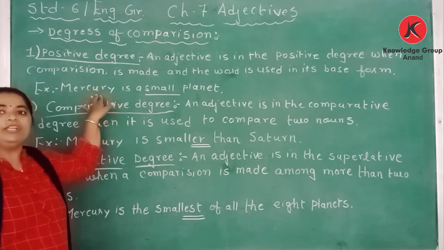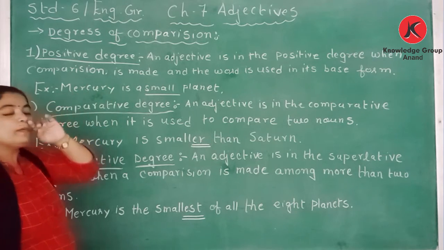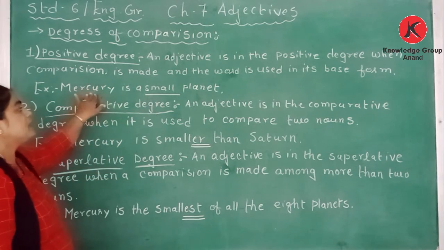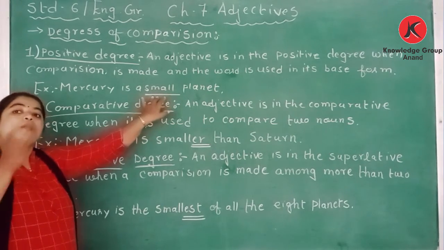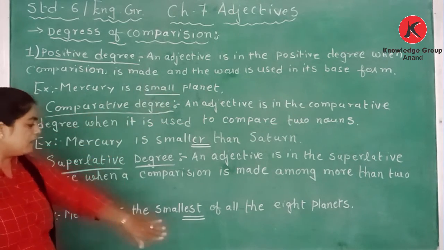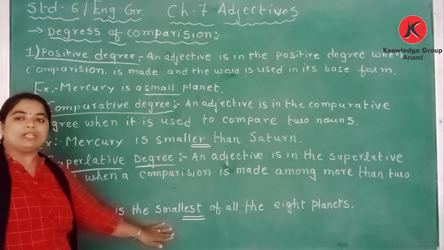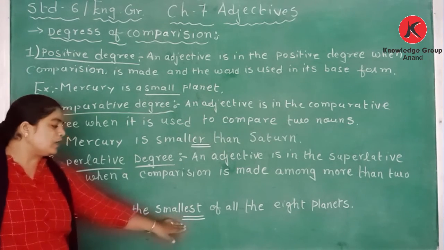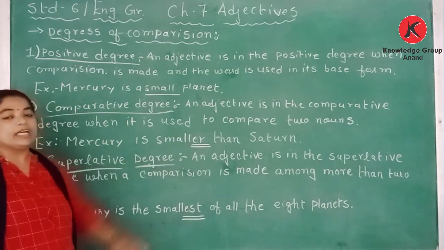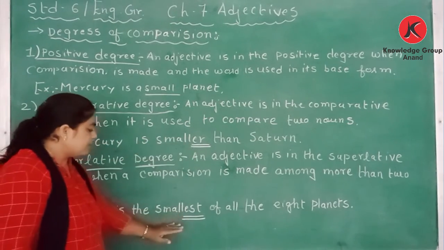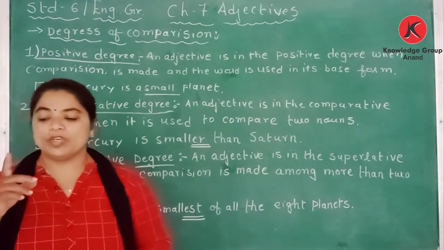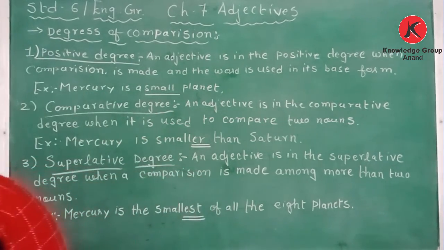So for the comparative degree, we use ER, and for the superlative degree, we use EST.